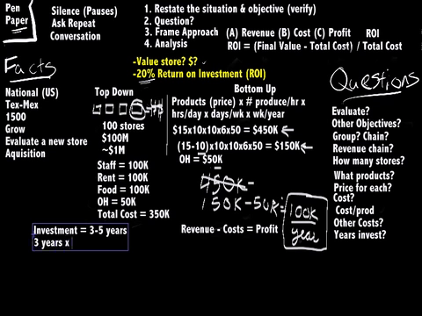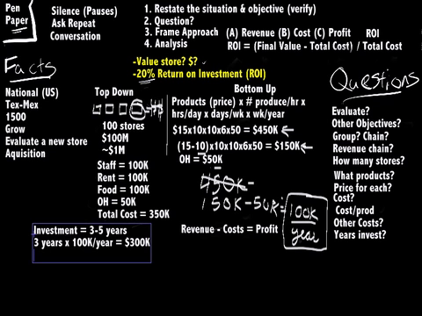And 3 years times 100K per year ends up being the final value of 300K in total in profit. So the question is, what's the fair value to pay? Is it 300K? 300K means we made nothing over the 3 years.